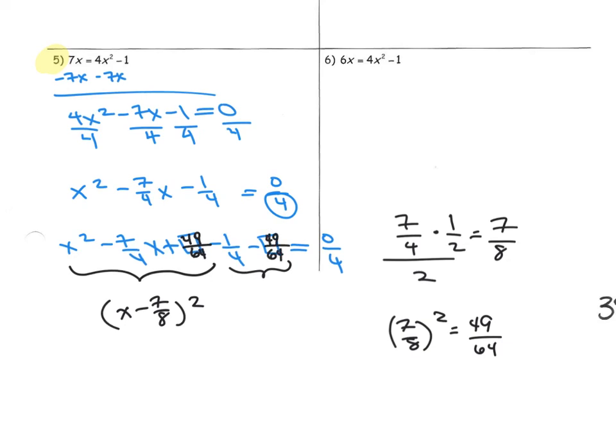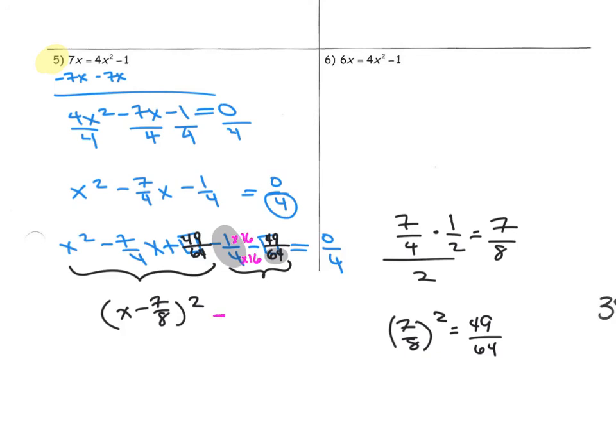Okay. I'm going to change this 1/4 and rewrite it so that it has the same denominator as 64. So I'm going to multiply top and bottom by 16, trying to fit that in.